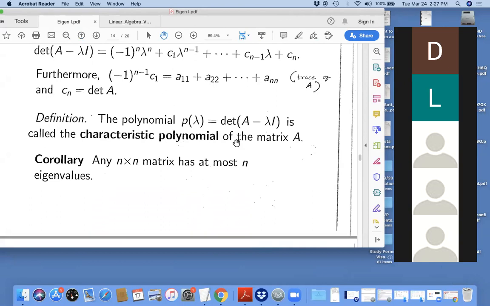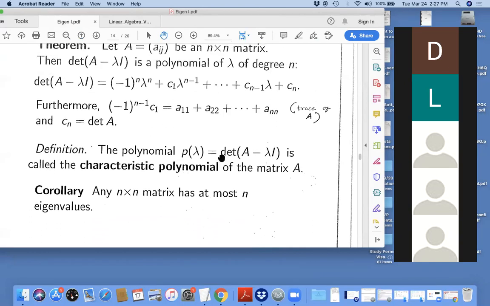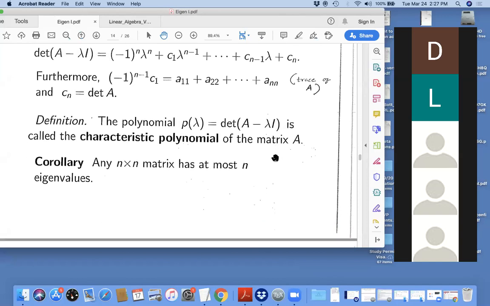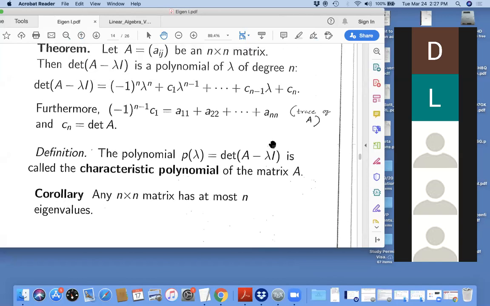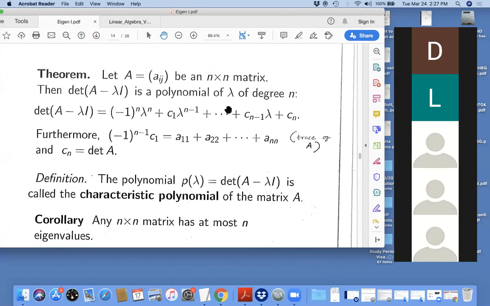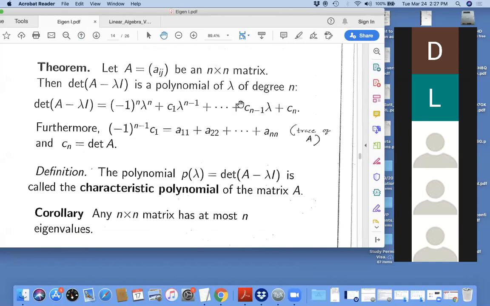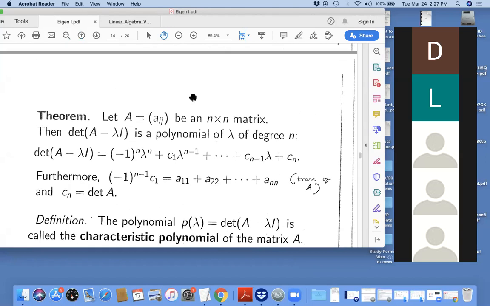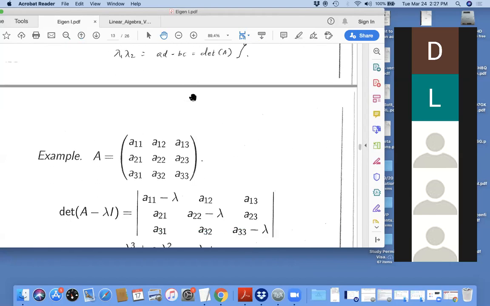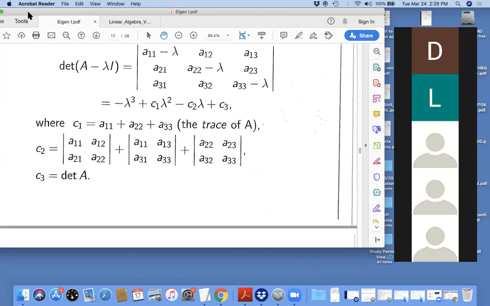And we define the characteristic polynomial to be this particular polynomial for a matrix. So this is the point where we stopped. At least that's what Bob told me, that he did up to this point. But let me recall, give me a second.